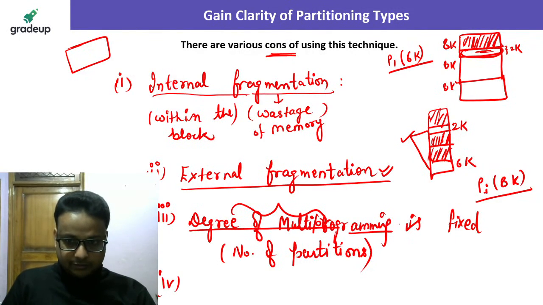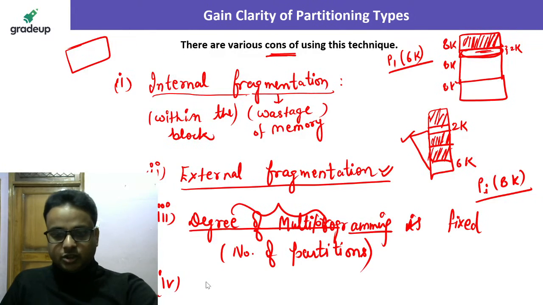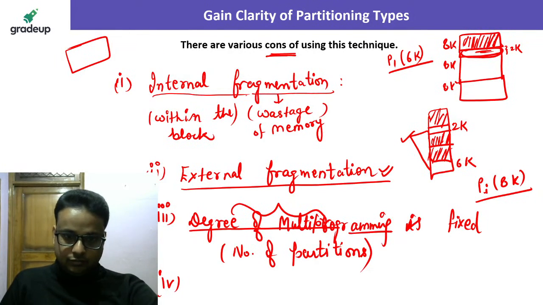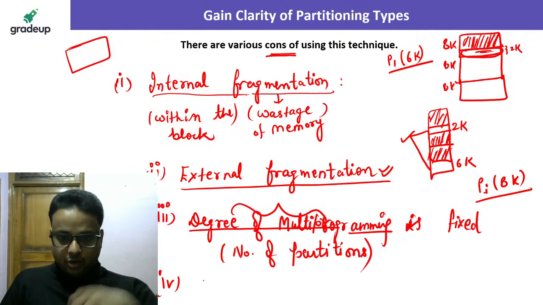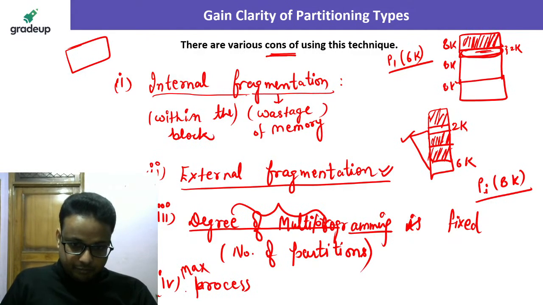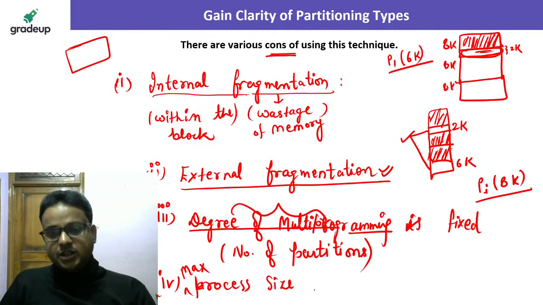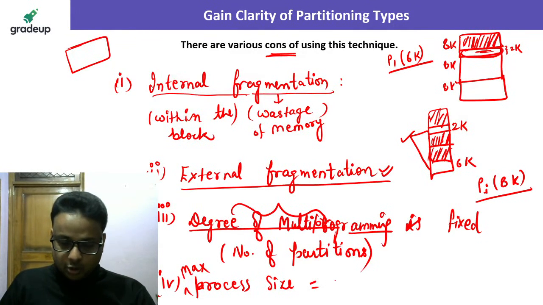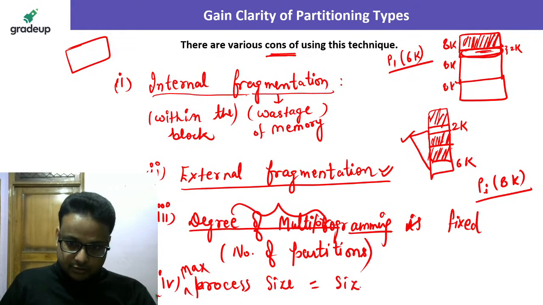And one more con is a limitation: what is the maximum process size? The maximum process size is equal to the size of the partition.